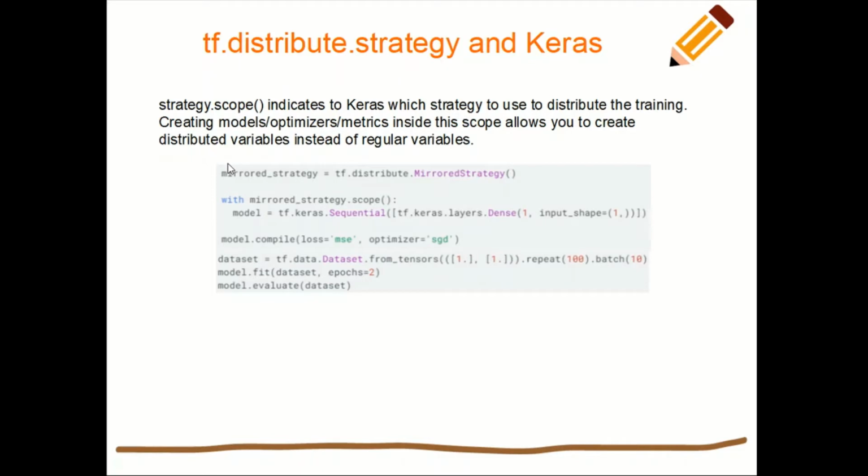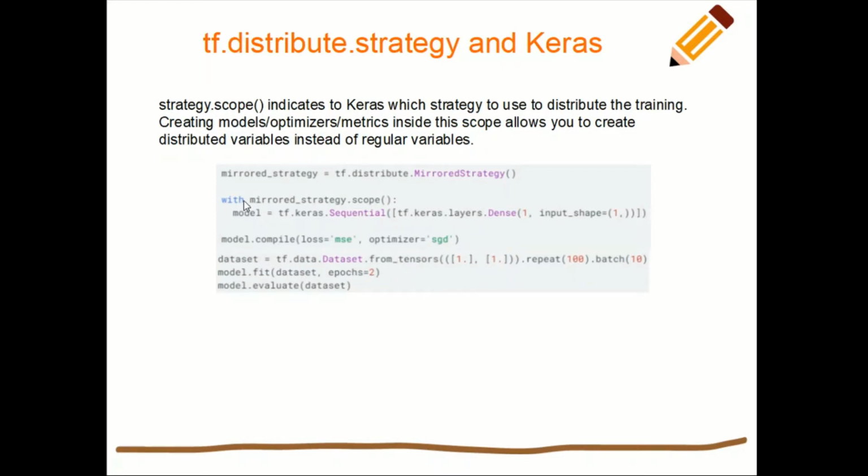Once we create a strategy, in Keras we just say with mirrored_strategy.scope(), and then we create a model. We declare the model as usual, and we can declare metrics and optimizers and all that. Once that is done, we can just compile the model and go ahead with business as usual.